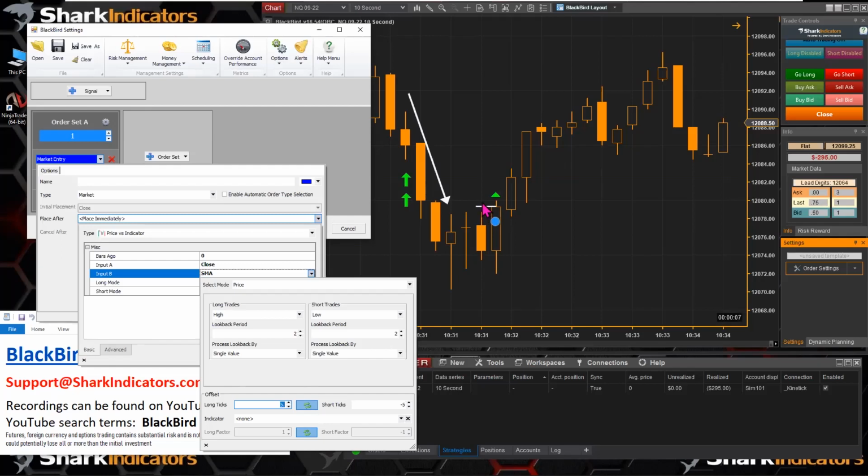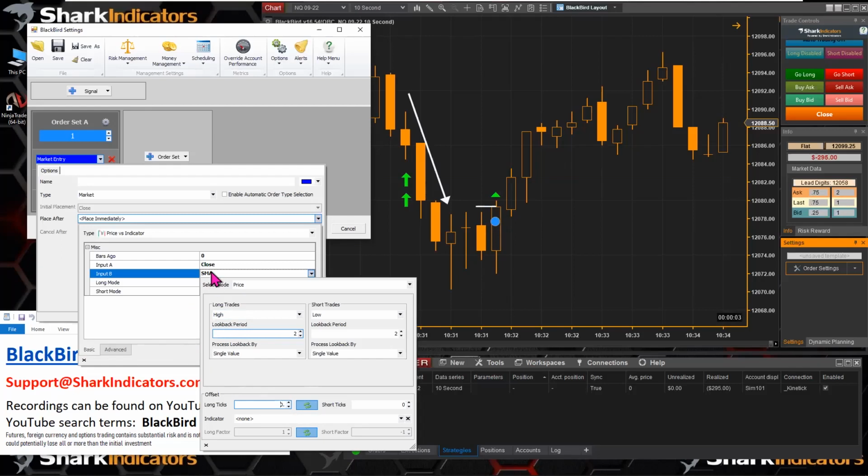Then we'd be comparing the close of the bar to that high price plus 5 ticks. That's how you can make sure there's a differential between the close and the high of the previous bar, simply by adding an offset to whatever bar price you want. But we don't want that, so we'll set the offset back to 0.